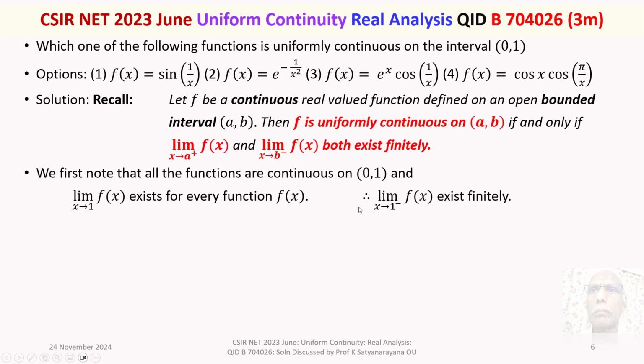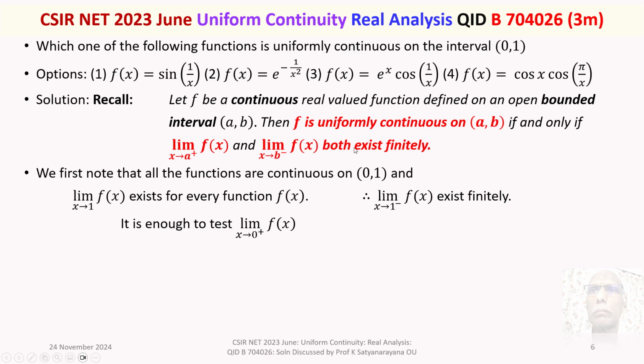Therefore, the limit as x tends to 1 minus, that is the left limit of f(x) at 1, exists finitely. So you need not verify this condition for all these functions. Therefore, we need to verify the limit as x tends to 0 plus of f(x) for all these functions.